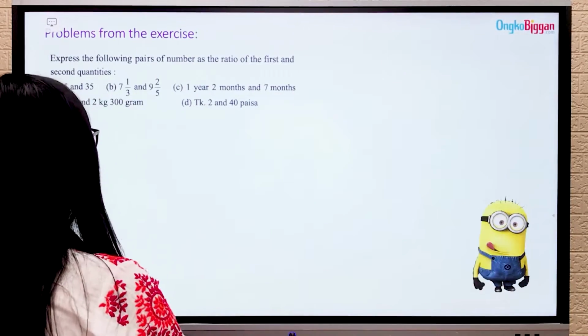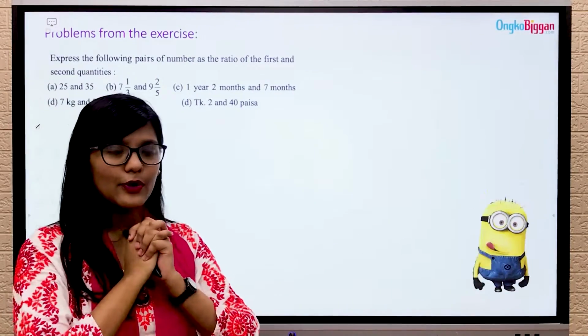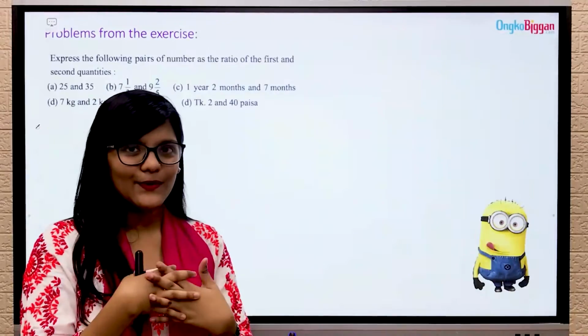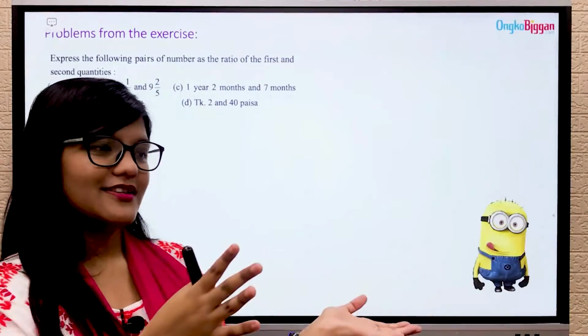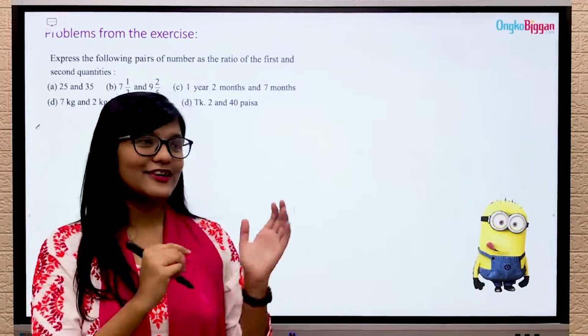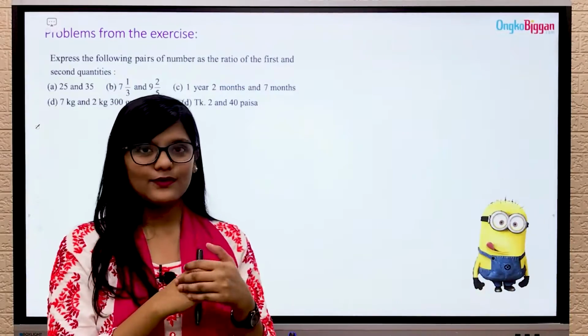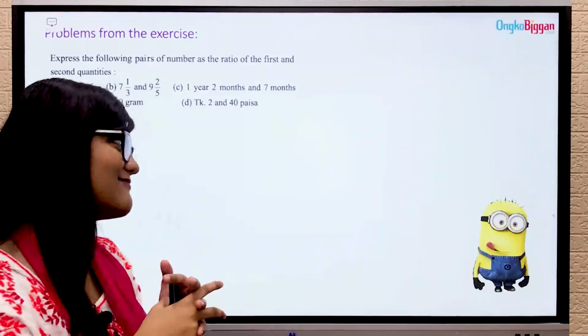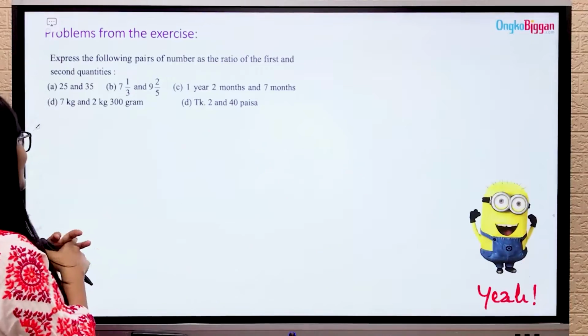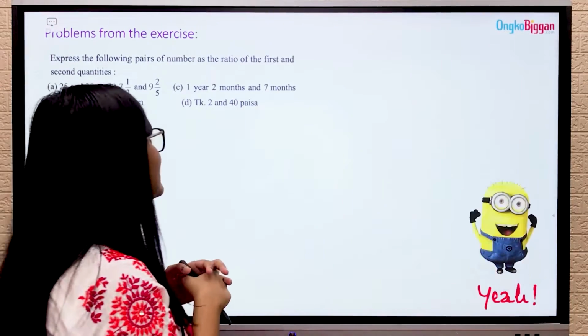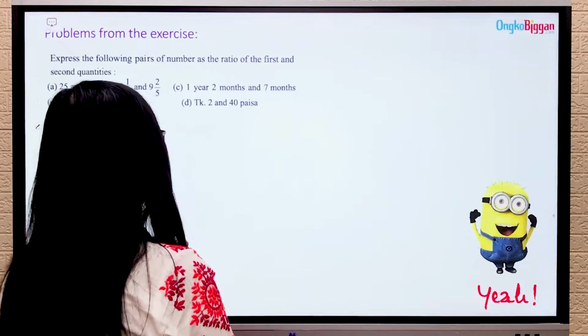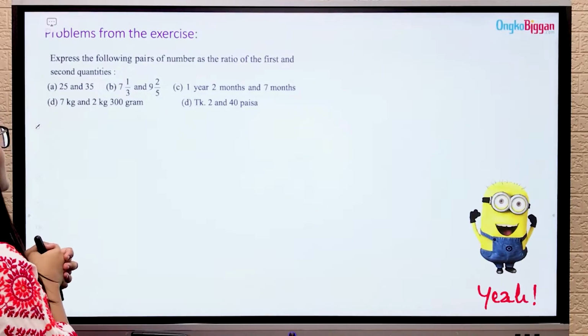Moving forward, I have already discussed the topics that we need to know in chapter 2. Now for exercise 2.1, as we are studying math, finally we need to solve math. So yes, ultimately we have reached our exercise. Now we will solve our exercise.